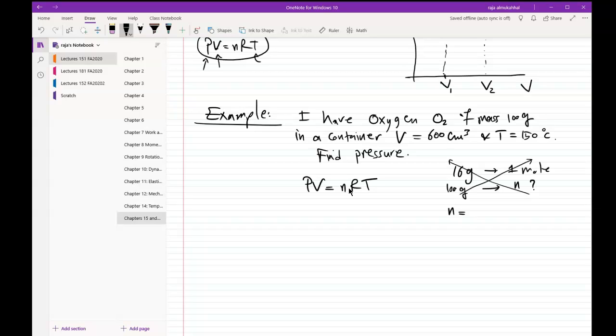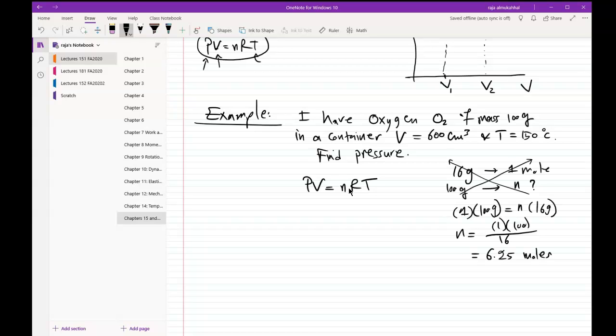That's how I do it. Let me just do it my way first. So it's 1 mole times 100 grams equals n times 16 grams, and then just solve for n. N will be equal to 1 times 100 over 16. So the number of moles in this case is 6.25 moles.